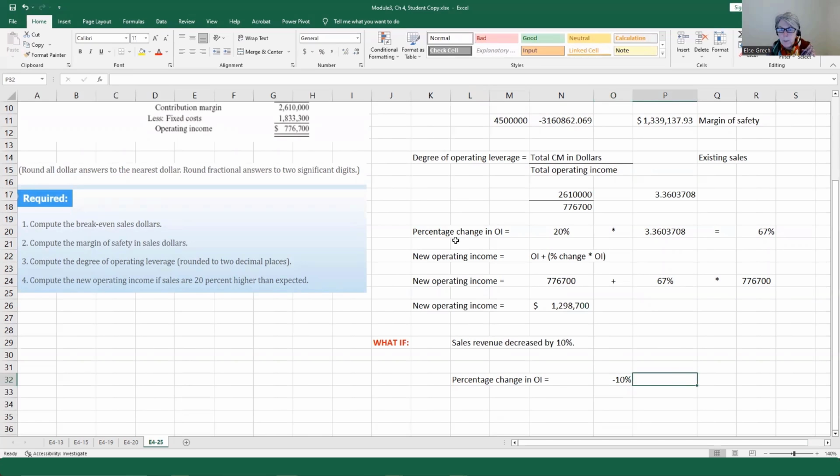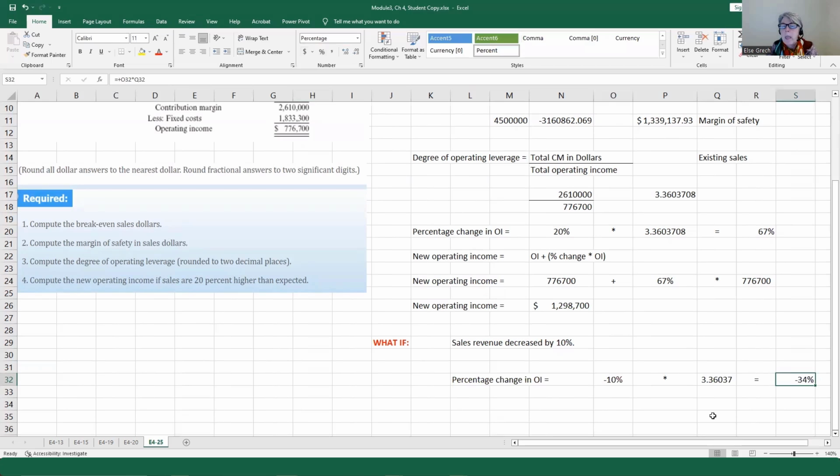Don't forget, I'm going to multiply this by the degree of operating leverage, and that's going to get me my answer right here. I'm going to center all these. Okay, so negative 10% multiplied by the degree of operating leverage, and I'm going to change this into a percentage. If there's a 10% decrease in sales revenue, there's going to be a 34% decrease in the operating income.